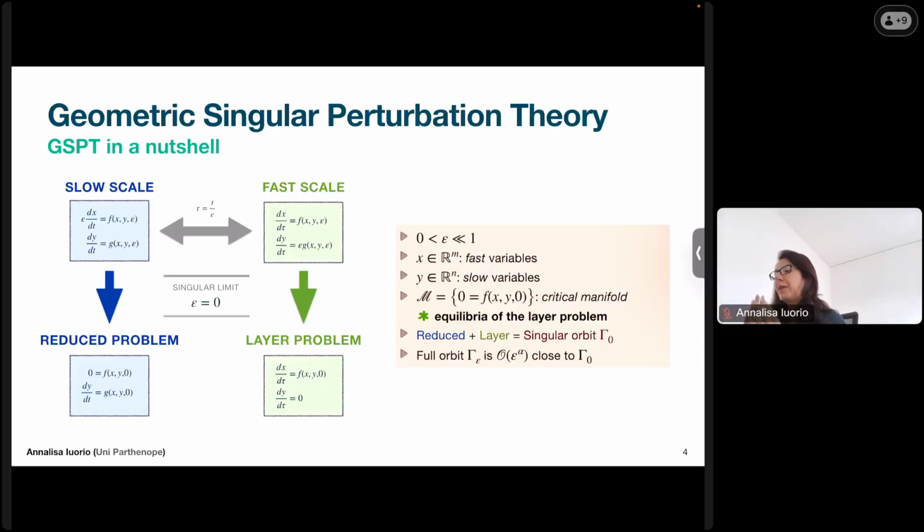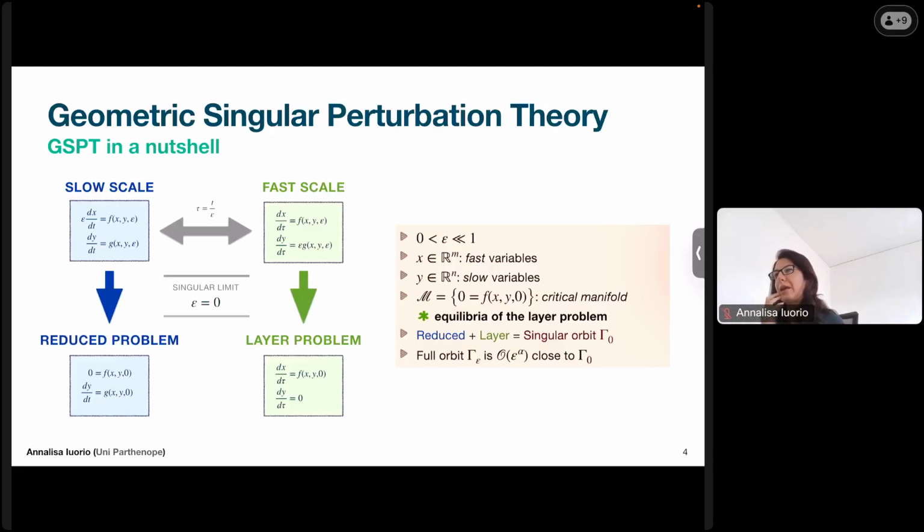The last thing I should mention here is that the reduced problem gives you the dynamics of the slow variables on a manifold that is defined by the first algebraic equation, called the critical manifold. In the layer problem, on the other hand, you have the dynamics of the fast variables on layers where y is constant.